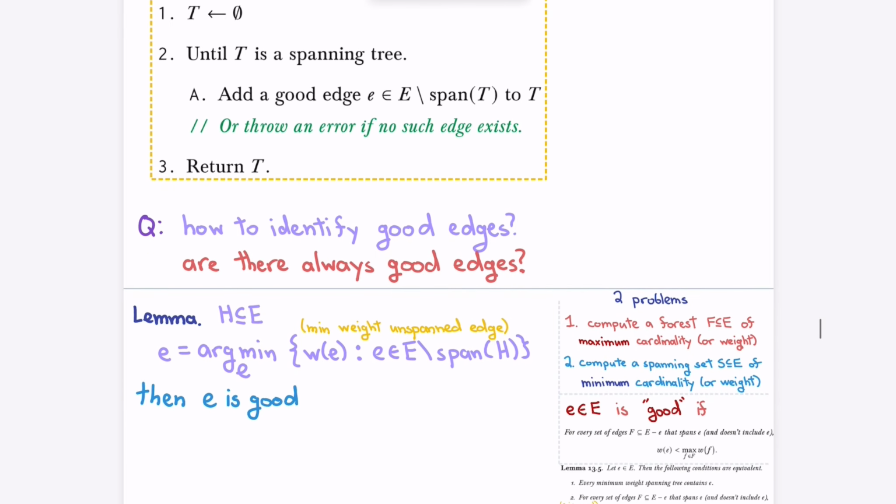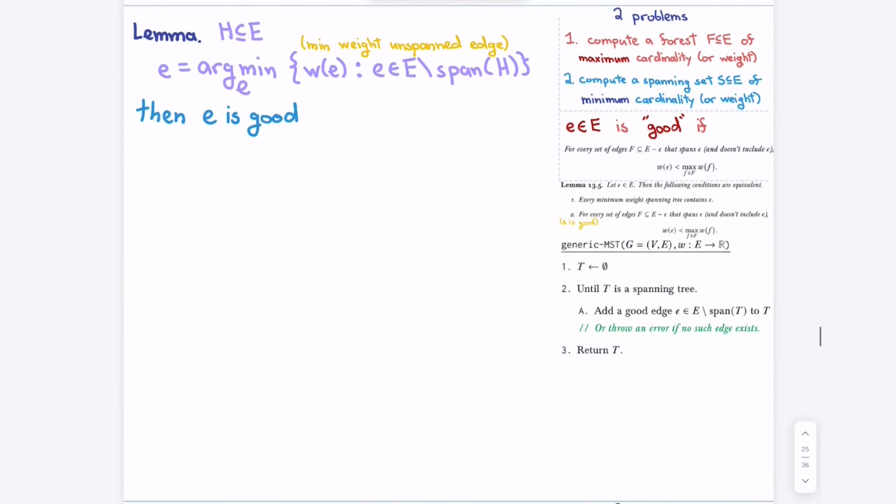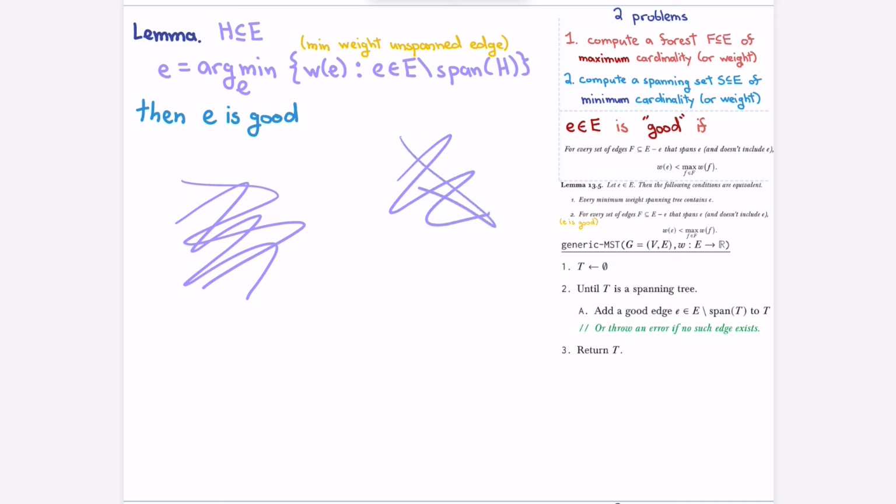So here is the main lemma we're going to use to find good edges. Let H be any set of edges. Here's some edges here, so maybe this is H. Maybe it doesn't connect the whole graph.